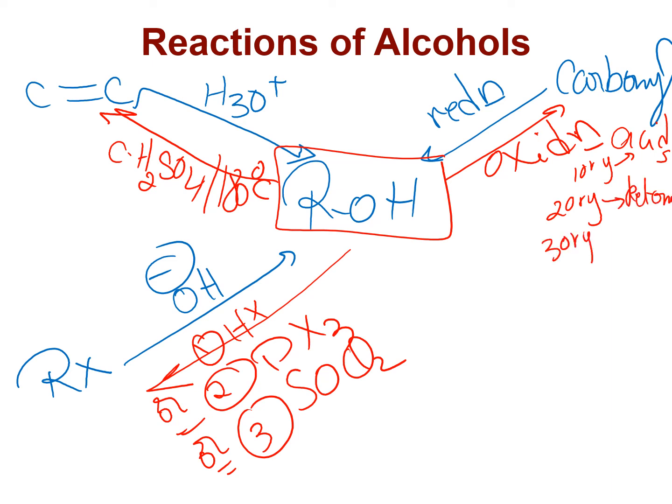Tertiary alcohols are non-oxidizable. So these are the 3 different reactions that are the opposite of the methods of synthesis. You do not have to memorize both of them. Just remember either the methods of synthesis or the reactions, and the other one is exactly the opposite of it.